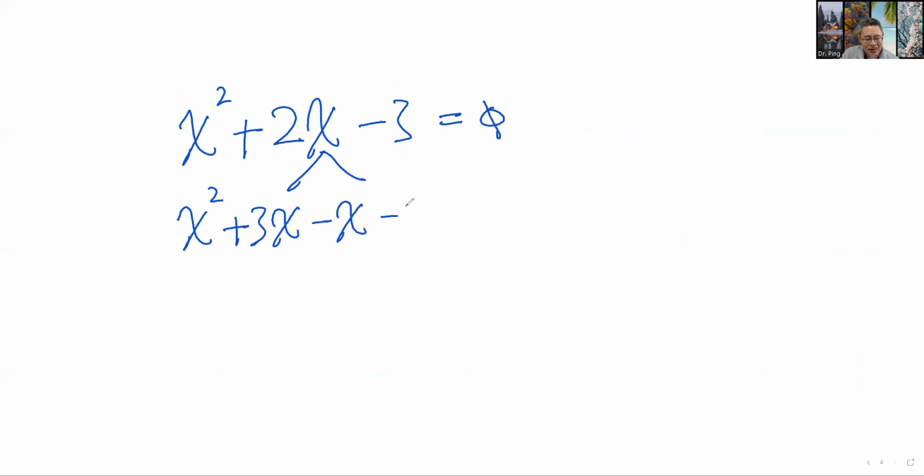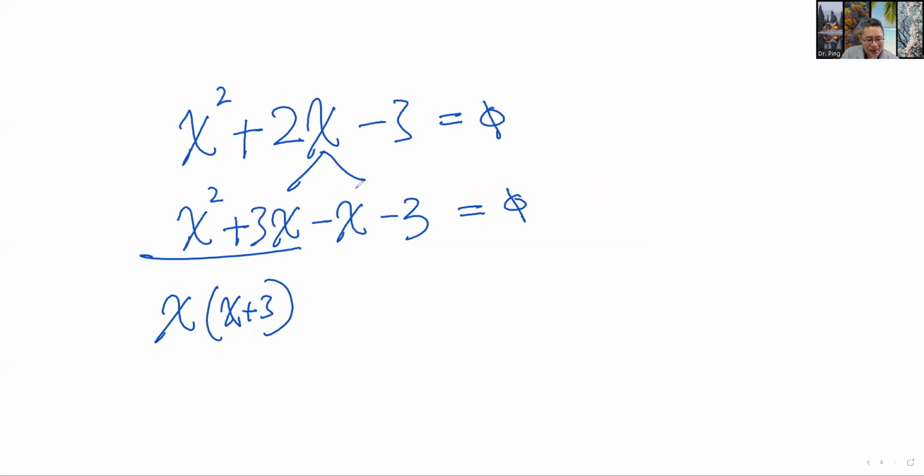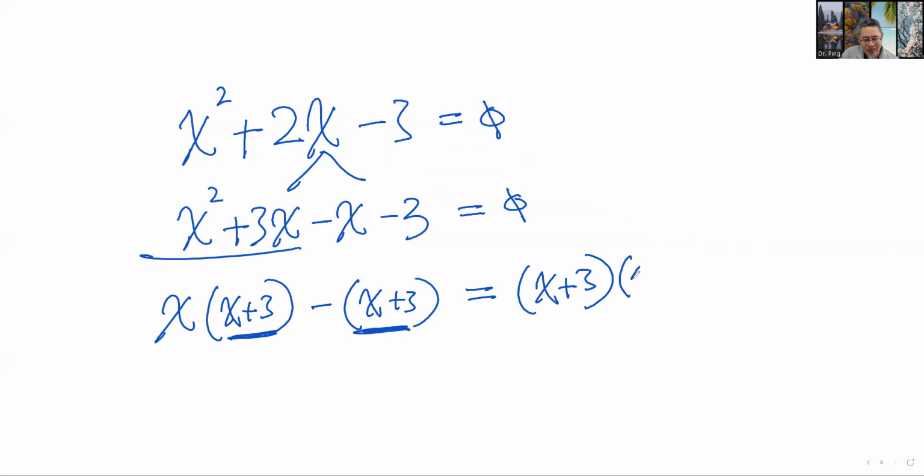The reason we do that, you can see here now, we take x out, it is x times x plus 3, right? On this side is minus x plus 3, right? Now this is the common factor, so we can take that out, it is x plus 3 and x minus 1, right?